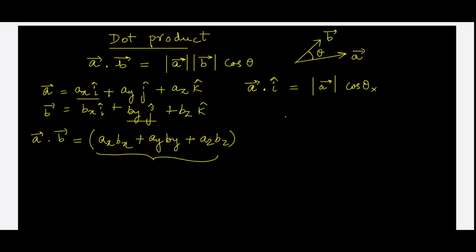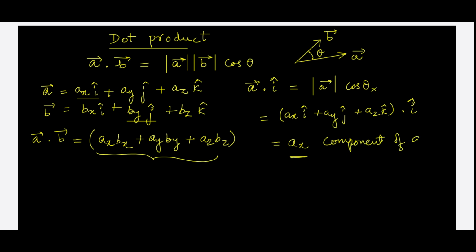Or if you write it differently, you can also write it as ax i cap plus ay j cap plus az k cap dot i cap. This is simply ax, right? So this is component of A along x-axis or along i cap, right?